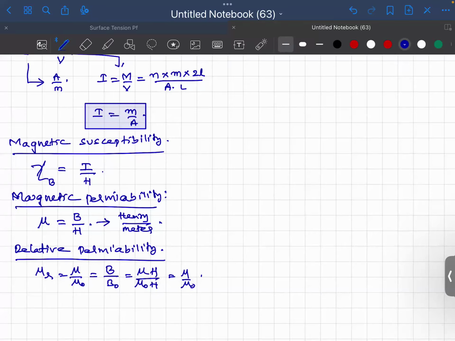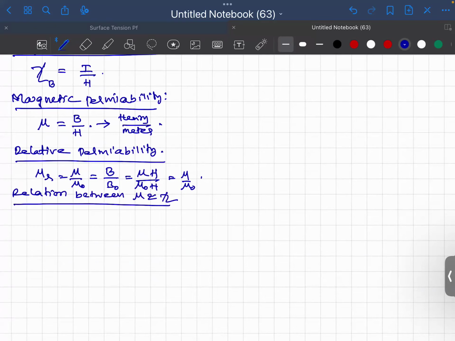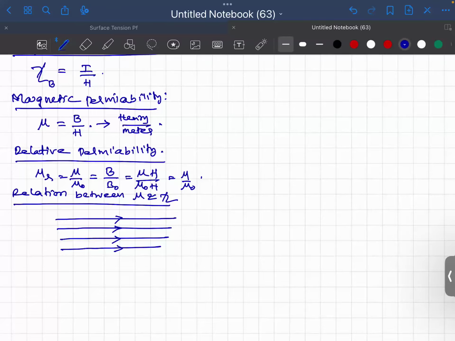Now, let us try to understand a region inside a solenoid. Remember, these are the lines, flux lines in air.